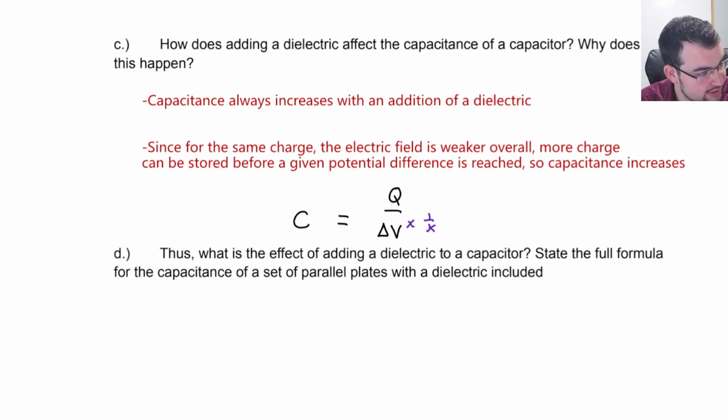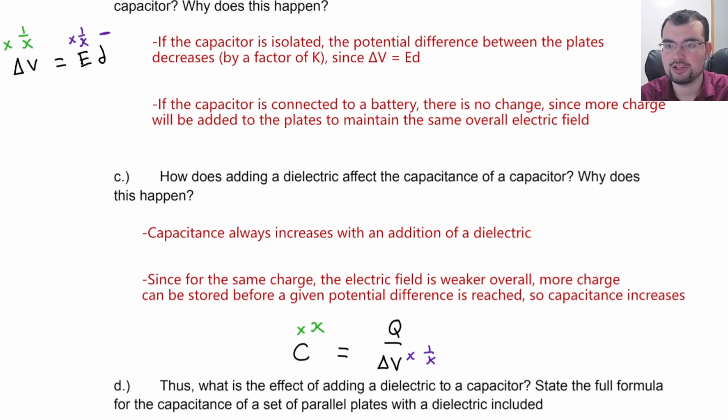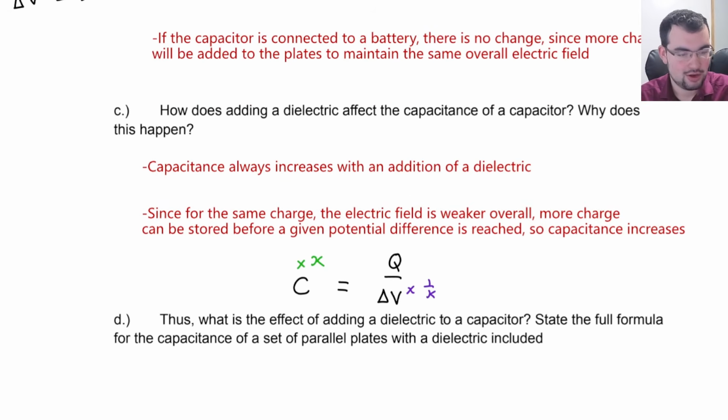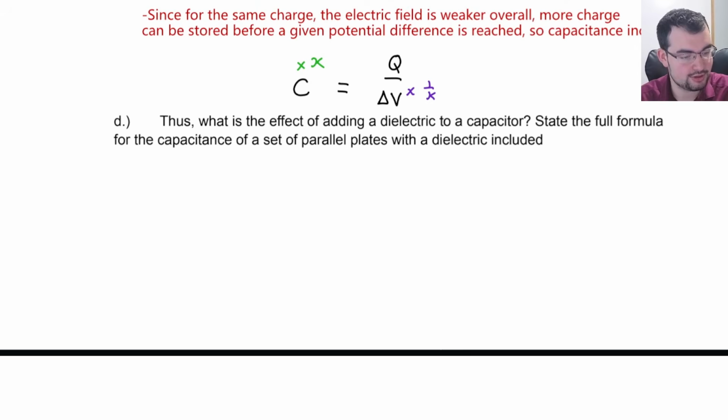So that means that capacitance would increase by a factor of kappa because we're storing the same charge. So imagine you have a fixed charge on your capacitor. Well, a fixed charge would have a lower potential difference due to the weaker E field. So you're increasing capacitance by a factor of kappa.